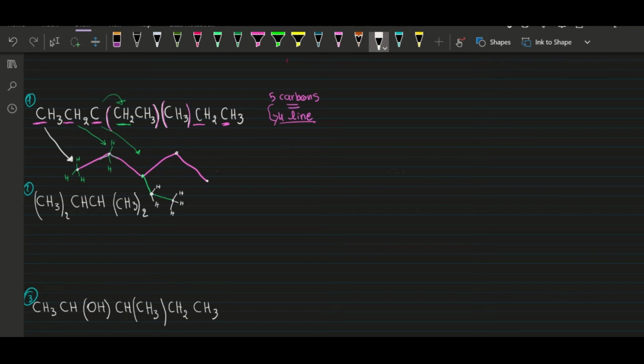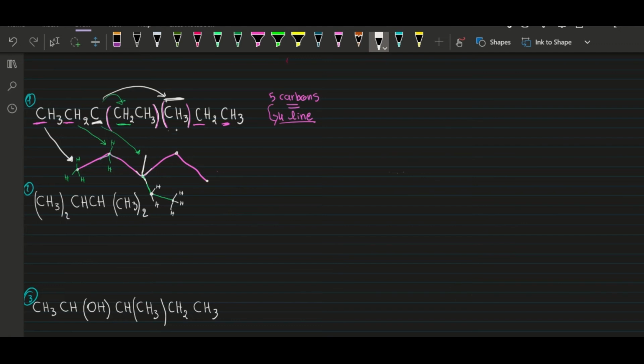And the next substituent is going to be off of the same carbon, because again, we have 3 bonds here. This carbon is alone, doesn't have any hydrogen. So this is also a substituent coming off of the same carbon. So that is going to be like this.